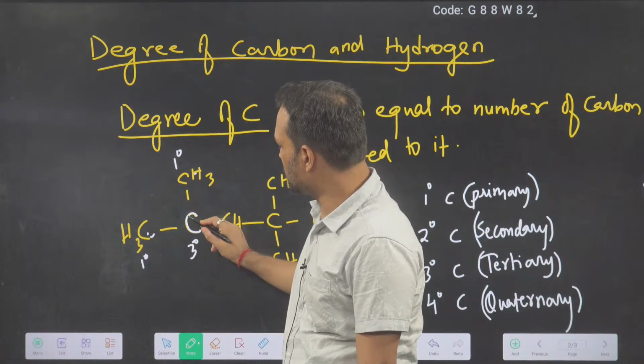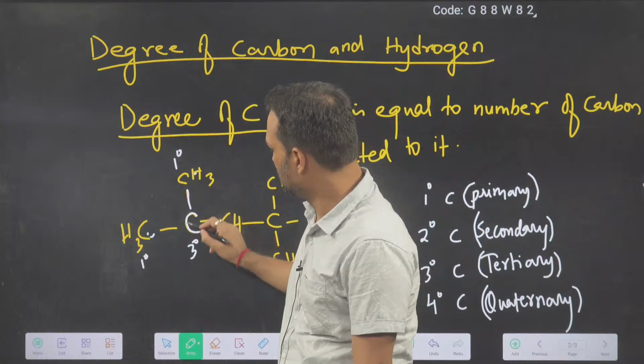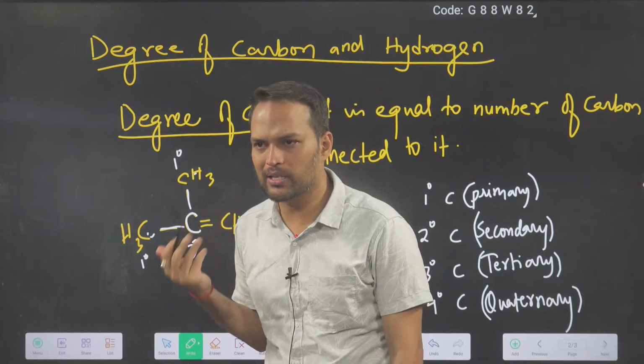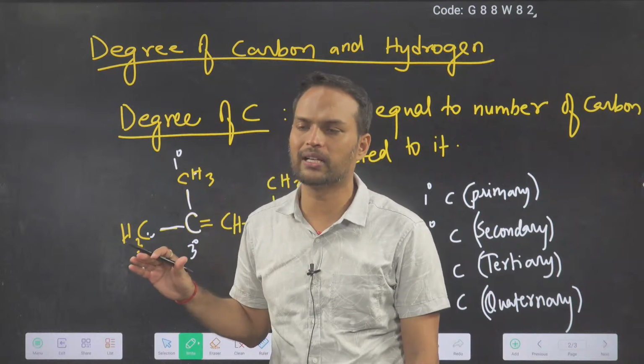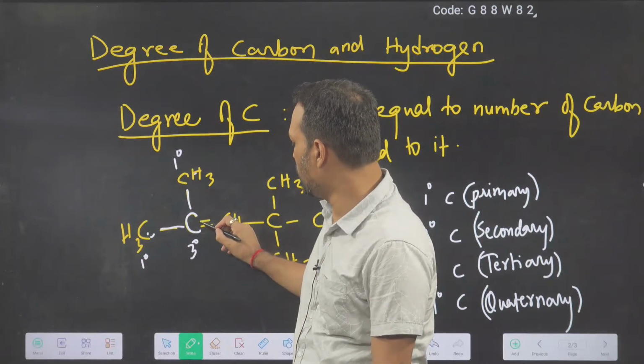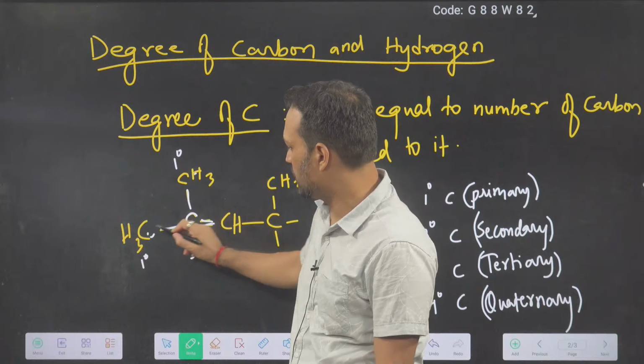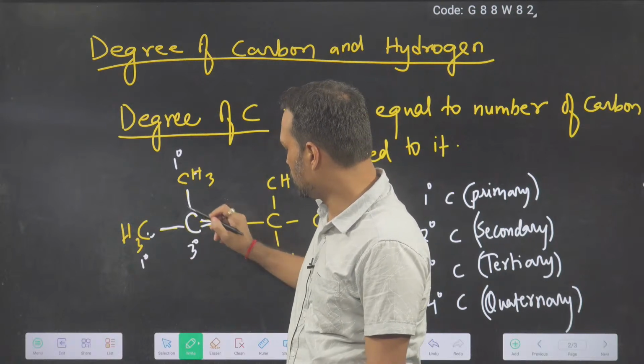This is connected to 3 carbon. Whether it is connected by a single bond, double bond, or triple bond doesn't matter. You have to just see how many carbon are connected. So this is connected to 3 carbon, yes? So 3 degree.